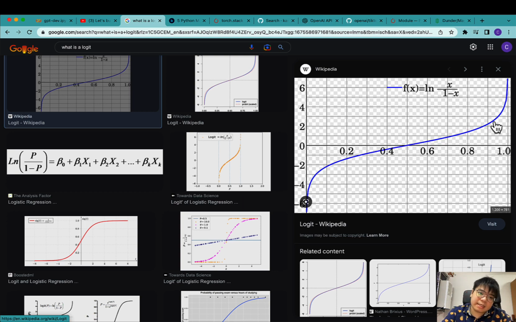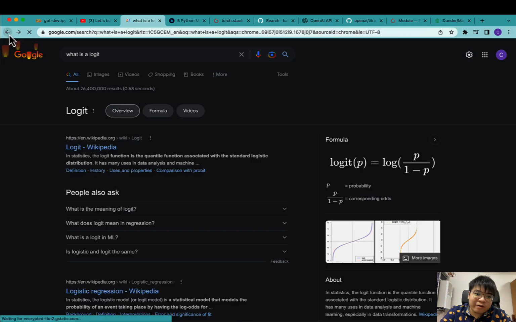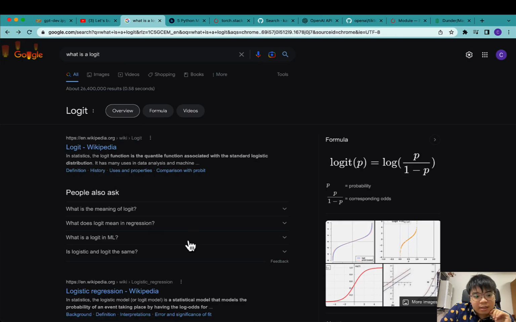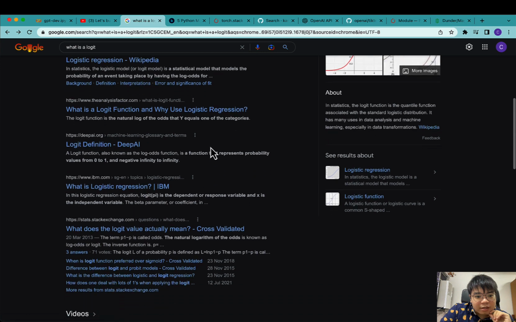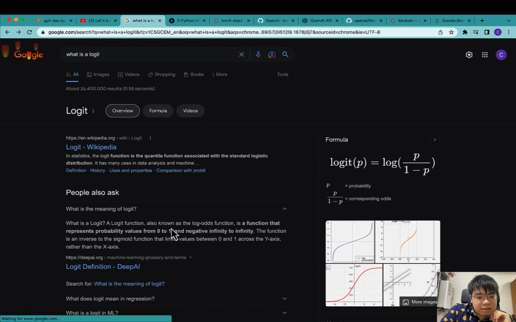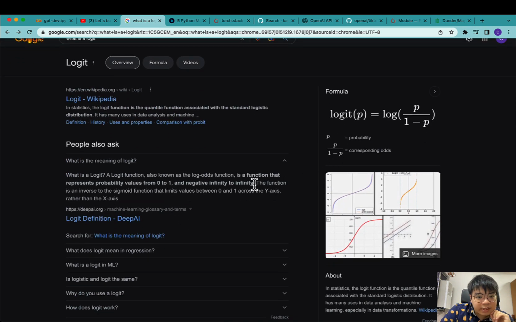Okay, this is not very helpful. I think I'm probably having an incorrect chain of thought here. So let's quickly check what a logit is. A logit function, known as a log odds function, is a function that represents probability values from 0 to 1. Okay, so this gives us a probability from 0 to 1, which makes sense.